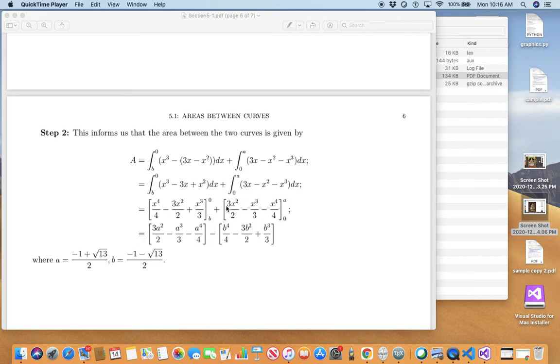A is going to give me a positive value, minus b substituted. Notice b itself is negative, so this expression may be fine, but this is going to be negative. B is a lower limit, so it's a minus. So I've left it like this, in terms of a and b, where a is this number and b is this number.